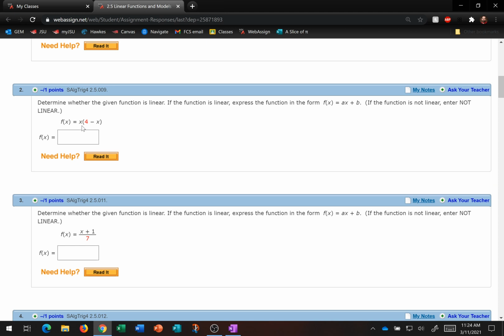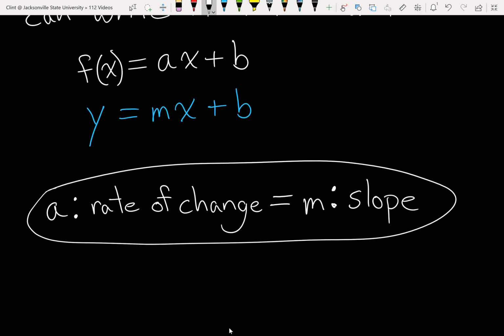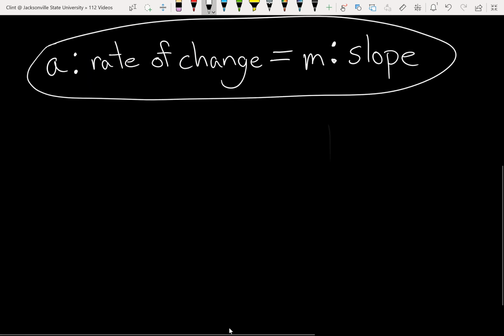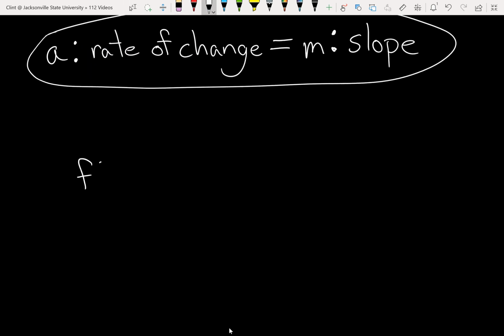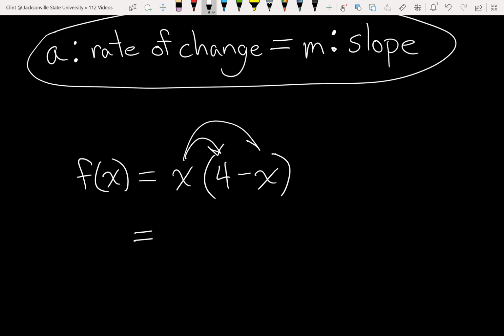We've got x times 4 minus x. So here's our function. If we have something like this, can we put that in ax plus b form? Well, the way we would try that is we would try to distribute. Here we get 4x minus x squared.